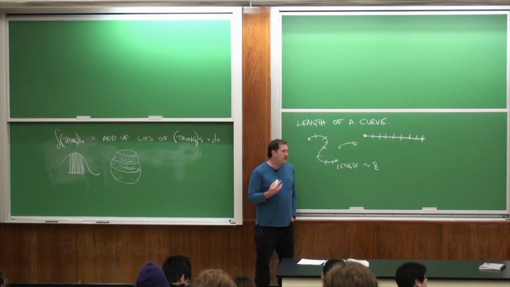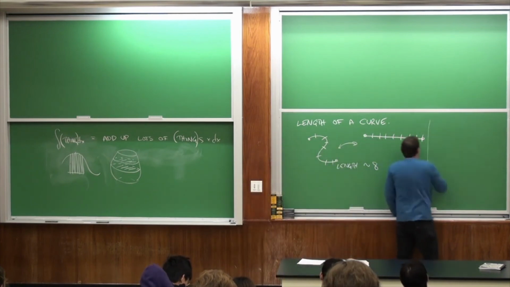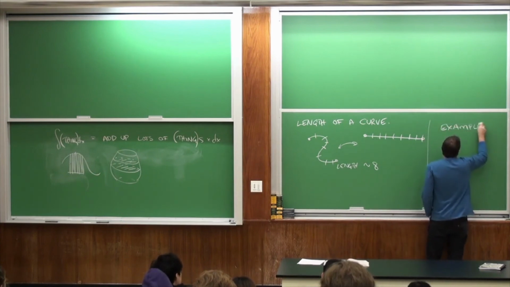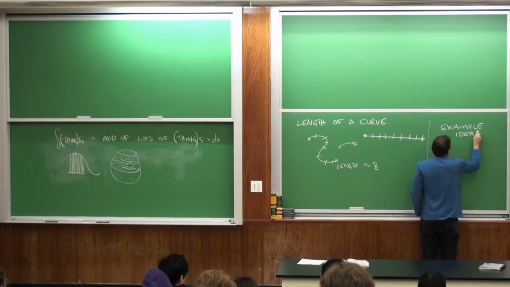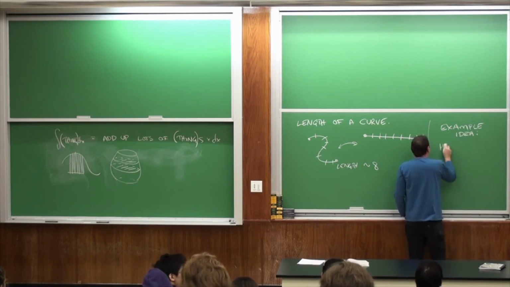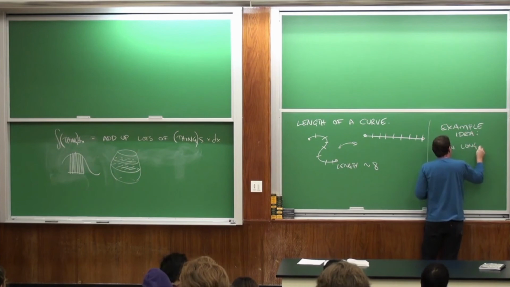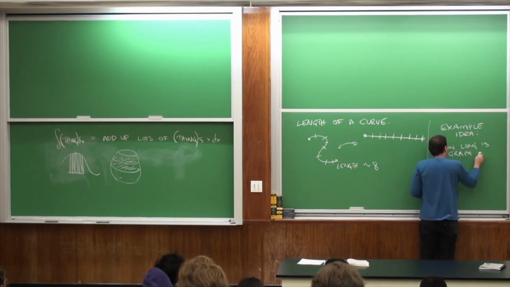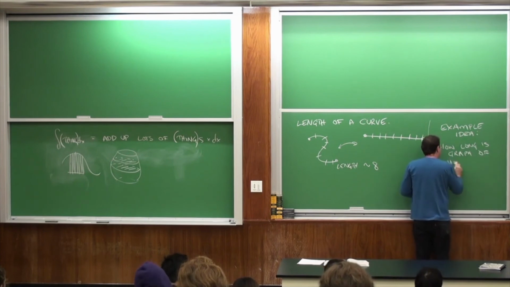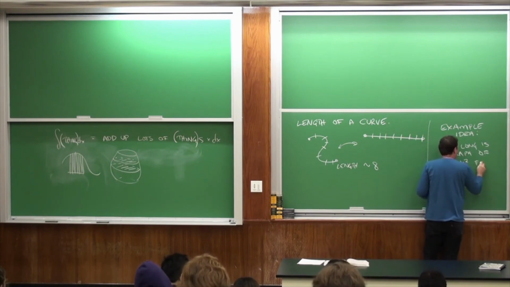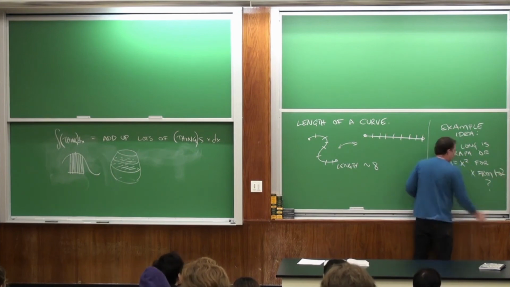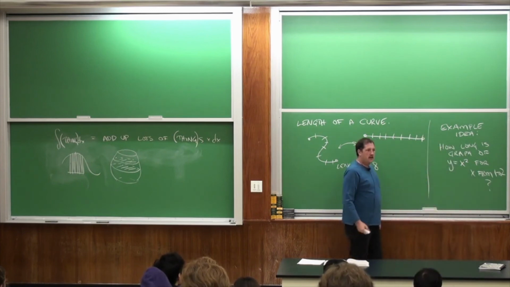For example, how long is the graph of y equals x squared for x from 1 to 2? So that's the kind of question I want to answer.